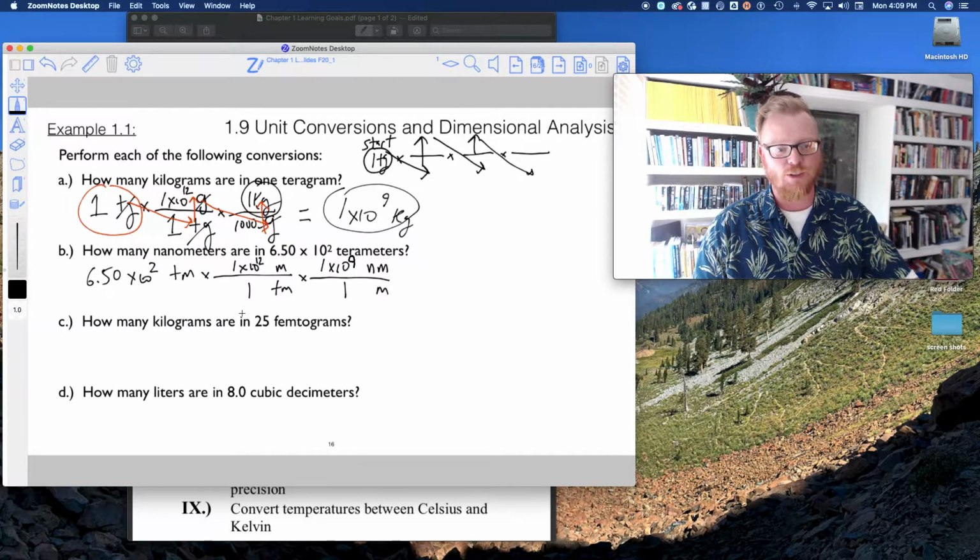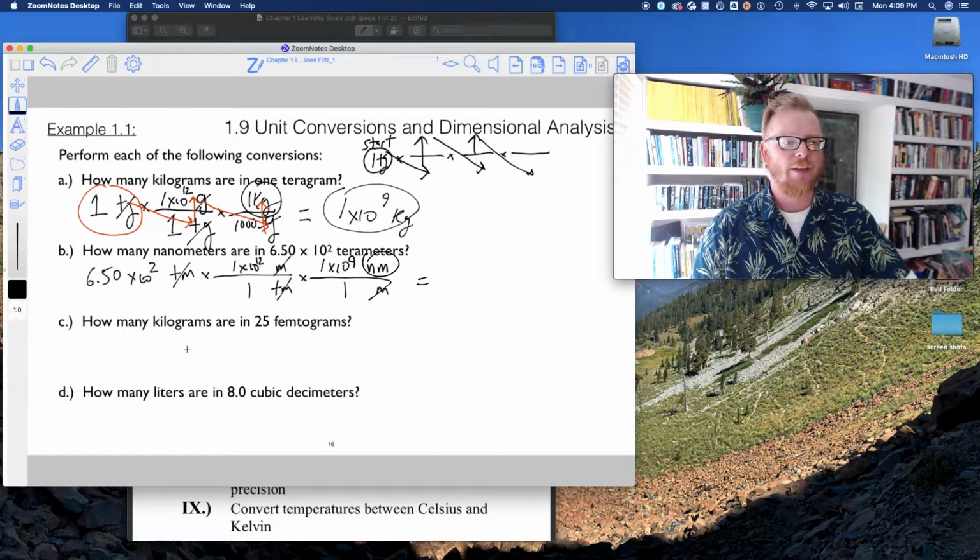So we know that a terameter is much bigger than a meter, and a meter is much bigger than a nanometer. These all check out. Now terameter cancels with terameter, and meter cancels with meter, and I'm left with nanometer, which is what I'm trying to get to.